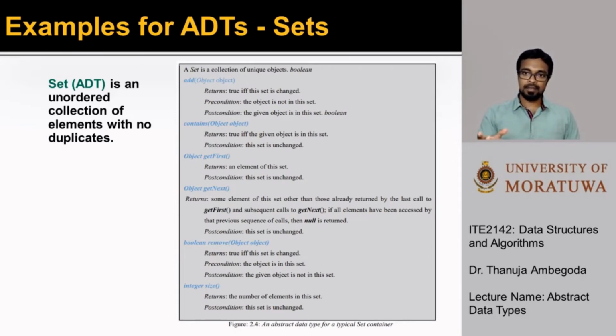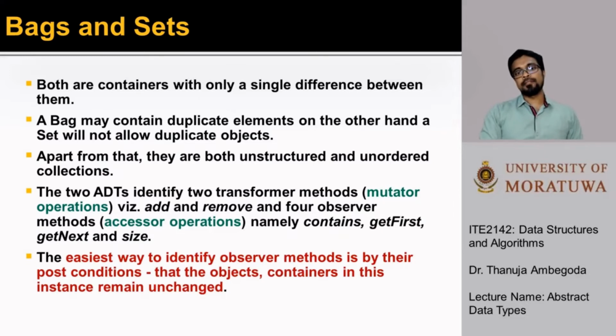The preconditions or the post conditions or both can be different between these two abstract data types. The main difference between these two types, both of them are containers, is that a bag may contain duplicates, but a set will not allow duplicates. Otherwise, they are both unstructured and unordered collections or containers.